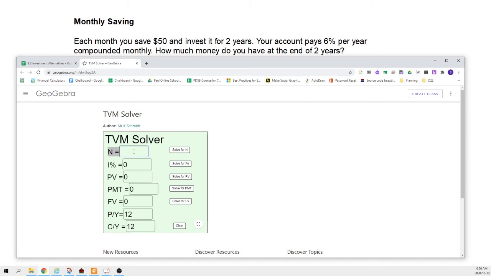There are 24 of these periods because it's 2 years monthly. Annual interest rate is 6%. We're starting off with $0 in our account. We're going to make payments of $50 and we want our future value.